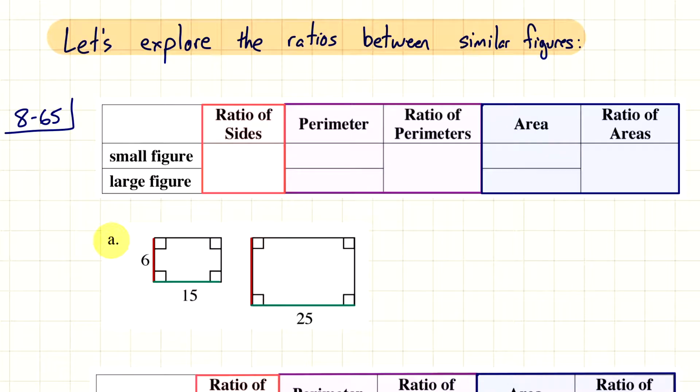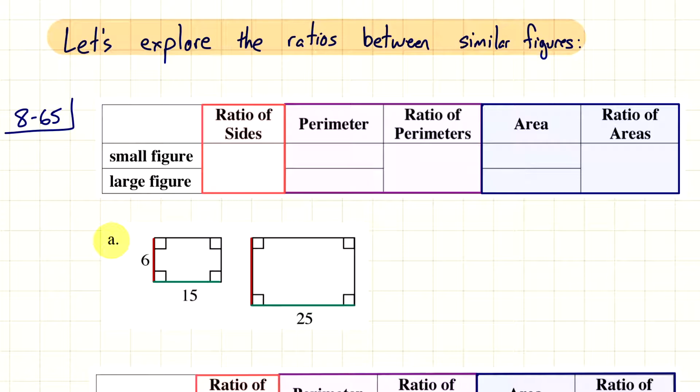We don't know its measurement, so we can't use that pair of corresponding sides. But the bases of these rectangles, which are corresponding, we do know. So we can use those two measurements to write a ratio of sides. There are a couple of ways to write ratios, depending on whether you're going from small to large or large to small.